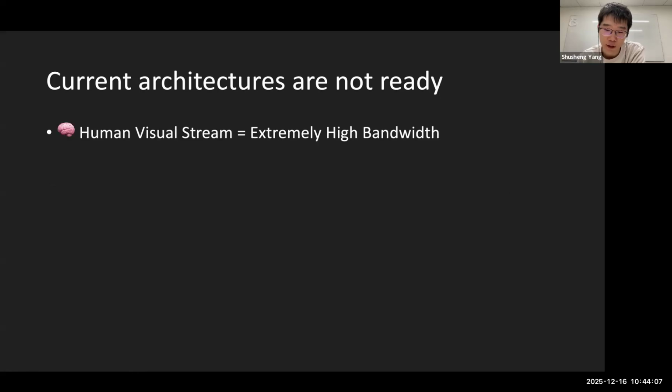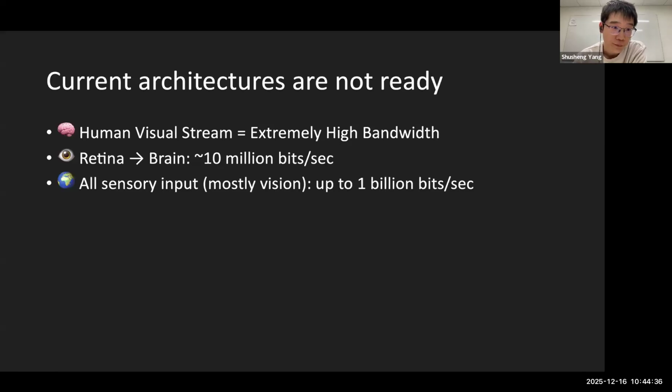Current multimodal large language models are quite different from how the human brain works. For the human brain, our visual stream is extremely high bandwidth. Every second we perceive maybe over 24 frames. It's a very high throughput. And from our retina to our brain, the information flow is around 10 million bits per second. All sensory inputs are around 1 billion bits per second.